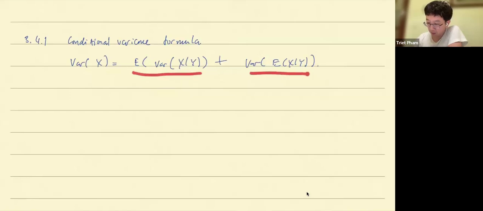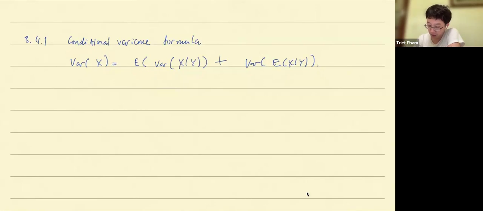These terms for variance are harder to compute, or you are more likely to make mistakes if you're not careful in terms of the conditional distribution.